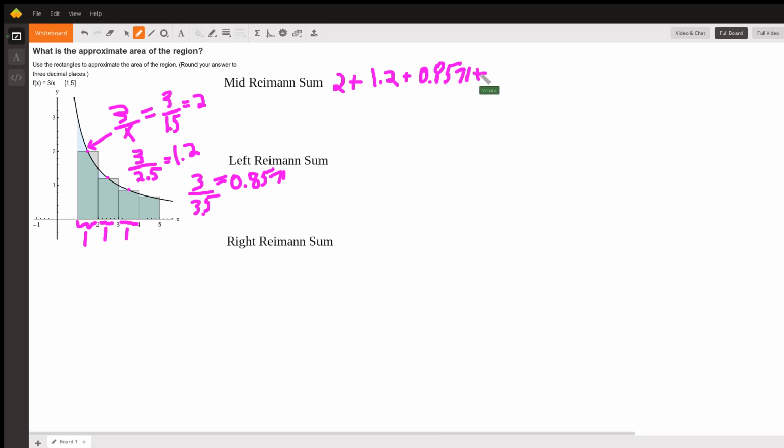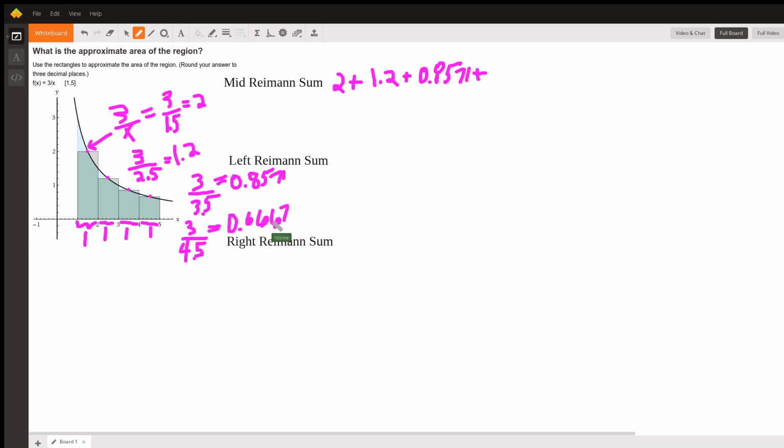And then the last rectangle, right there, the point on the graph that's at the middle of the height of our rectangle, it's 1 wide, and it is 3 over 4.5 tall. And that is 0.6667. And so that's the area.